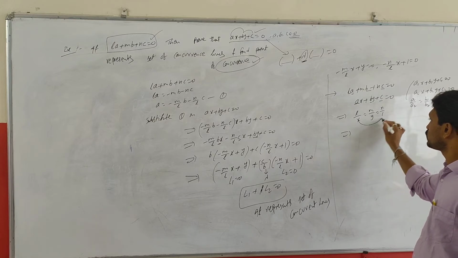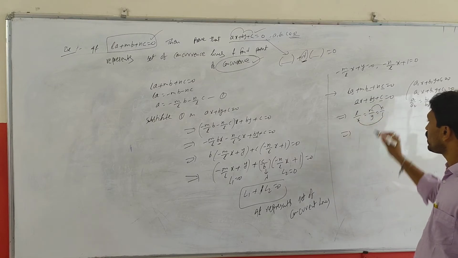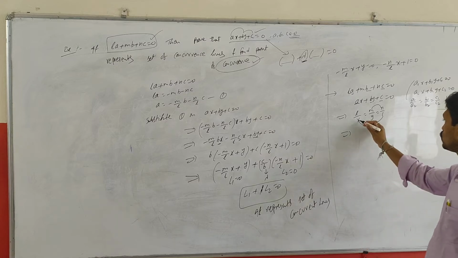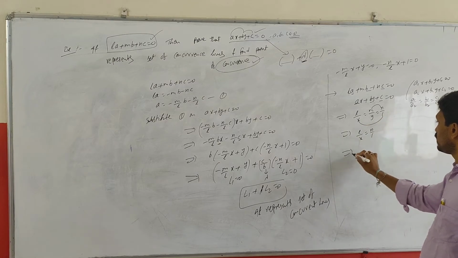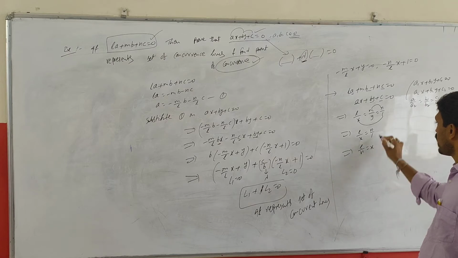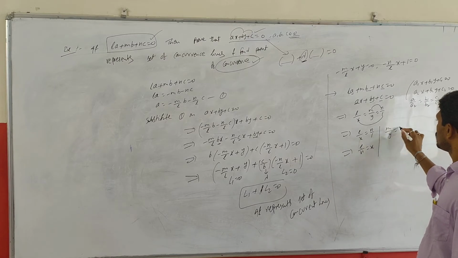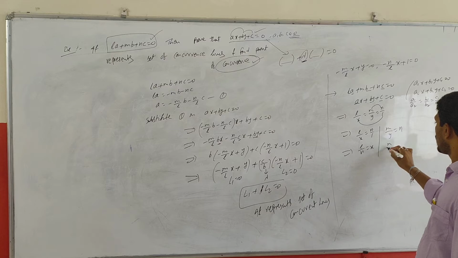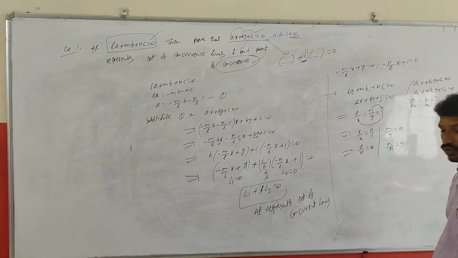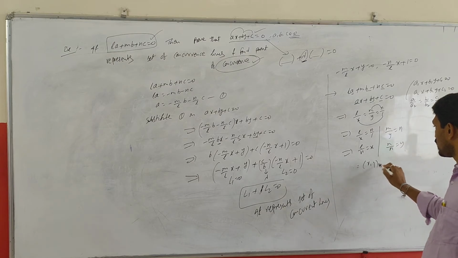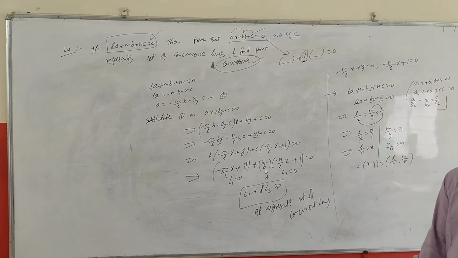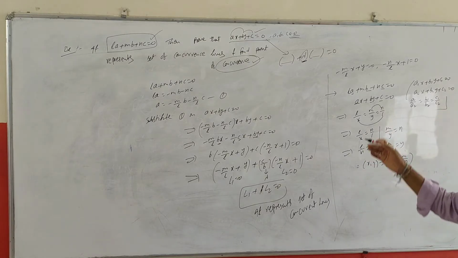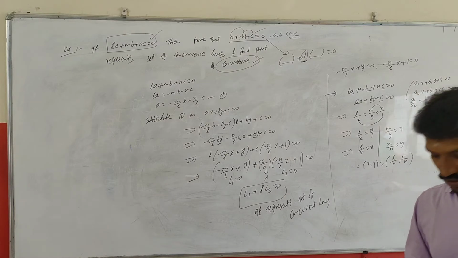If you want to find the x value, equate these two: L/x = N/1, that means x = L/N. M/y = N, so y = M/N. So (x, y) is nothing but (L/N, M/N). This is the procedure to find the point of concurrence.